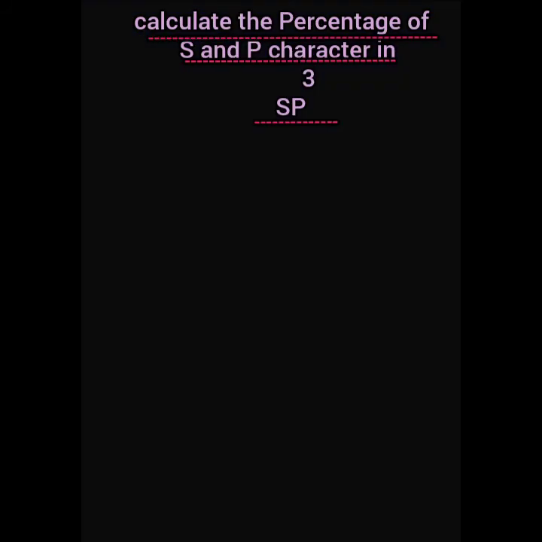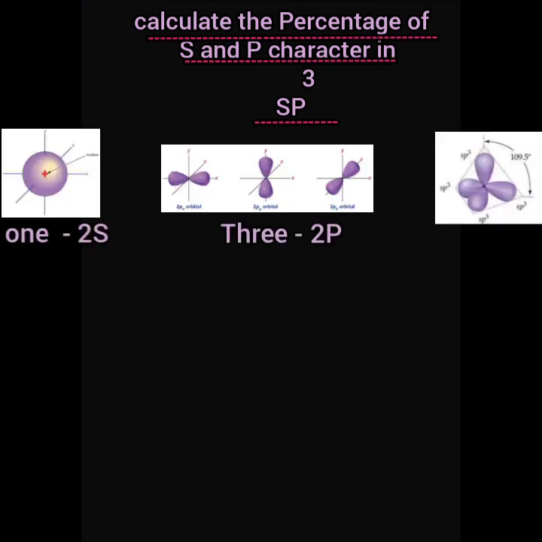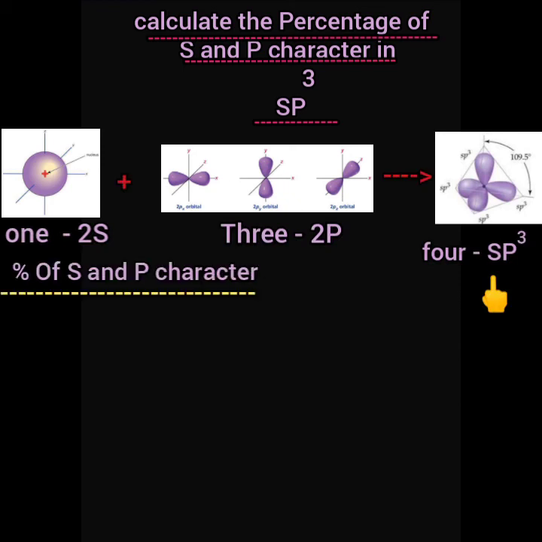Calculate the percentage of s and p character in sp3 orbitals. The carbon in methane has sp3 hybridization. The percentages of s and p character in sp3 orbitals are 25% s character and 75% p character.